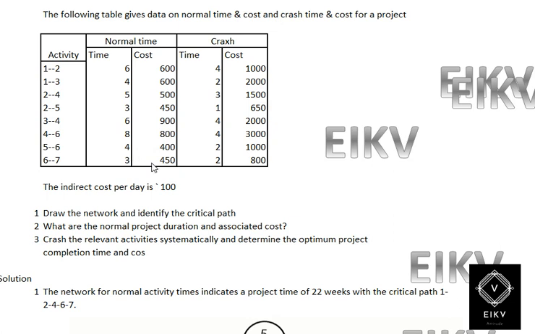And then 6 to 7, 3 and 450, 2 and 800. The indirect cost per day is 200. So the cost per day will be 100.